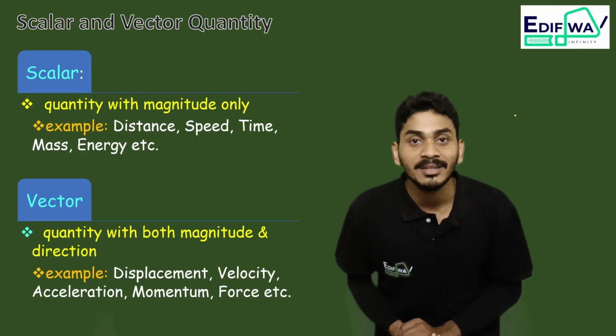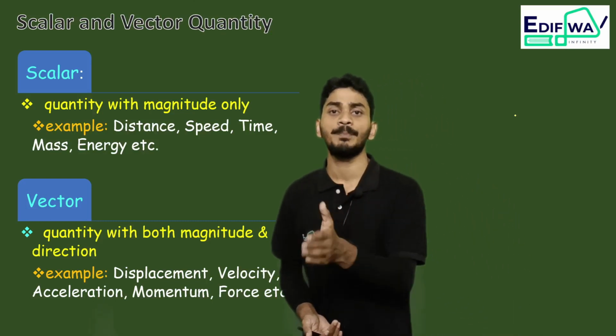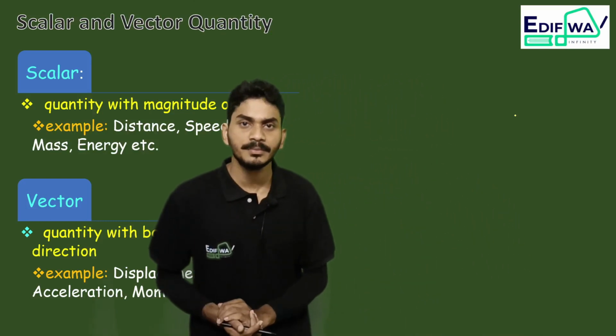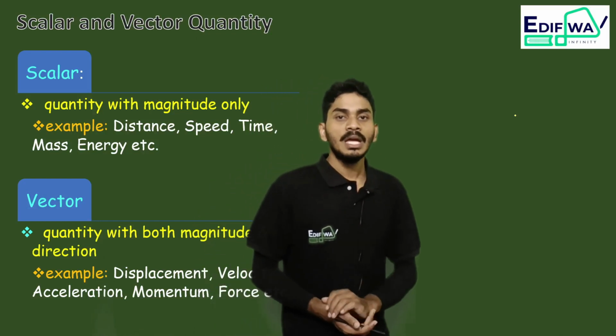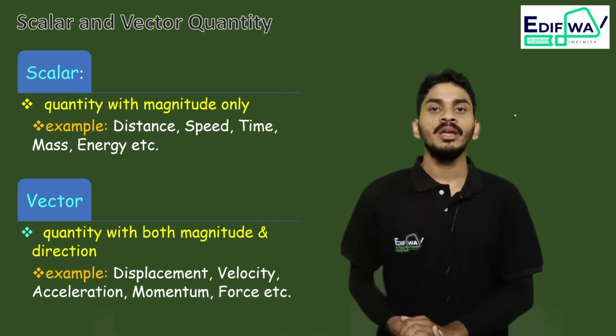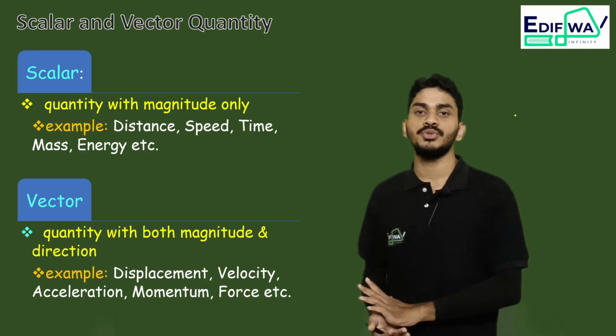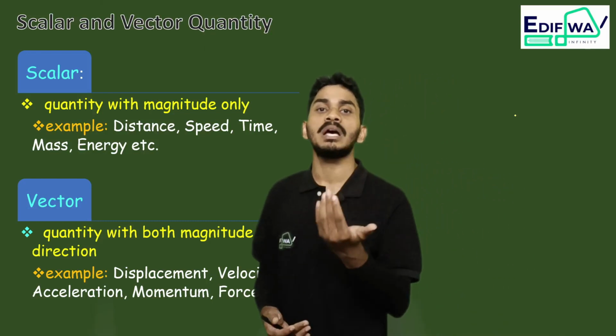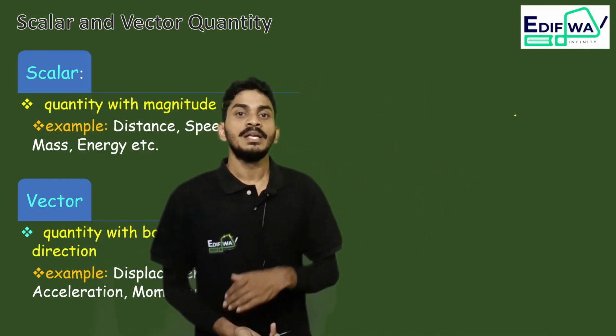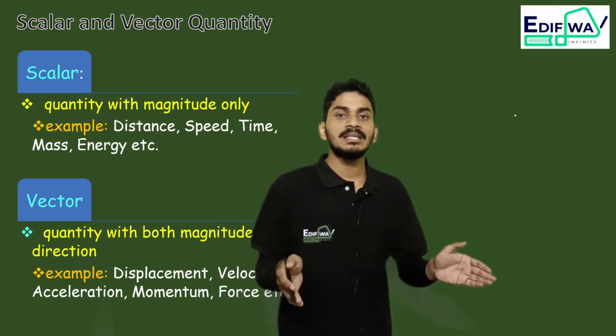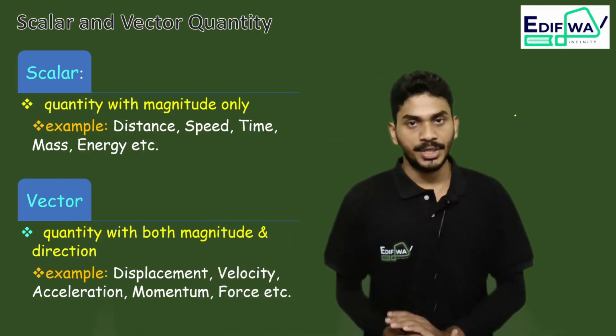Will you say like that? Never. You just say 6:45 p.m. or 6:45 a.m. So time is a scalar quantity in which you are telling only the magnitude. Then mass, distance and speed are all examples of scalar quantities.